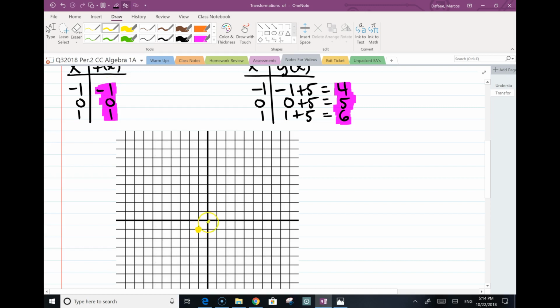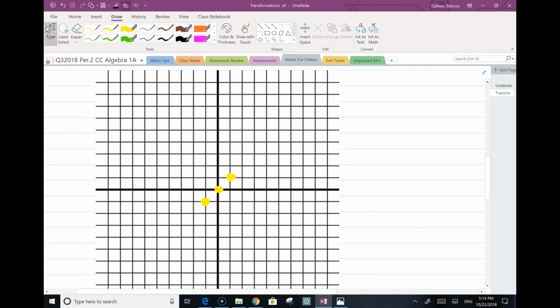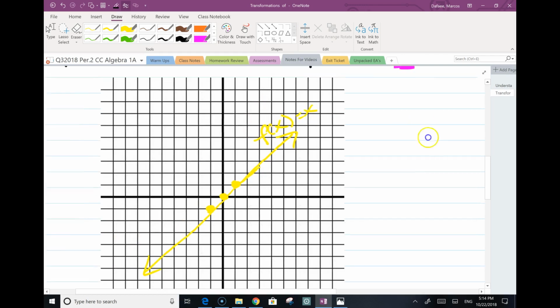Then we have 0, 0, which is here, and then 1, 1, which is right here. So the line for this graph would look something like this. I'm just doing a very rough sketch here. And this over here would be my f of x is equal to x.